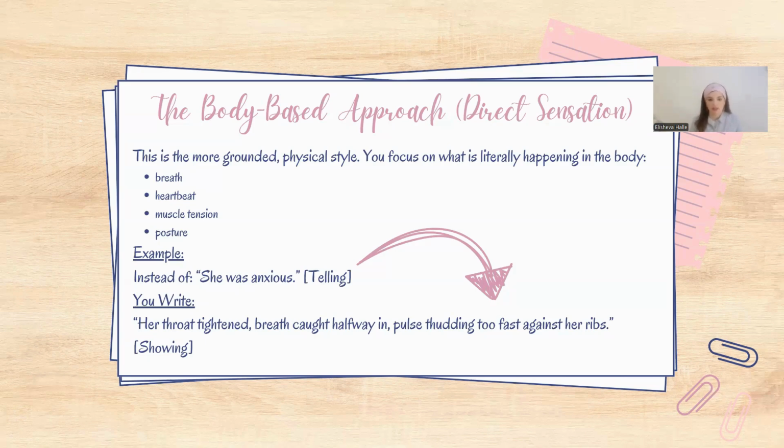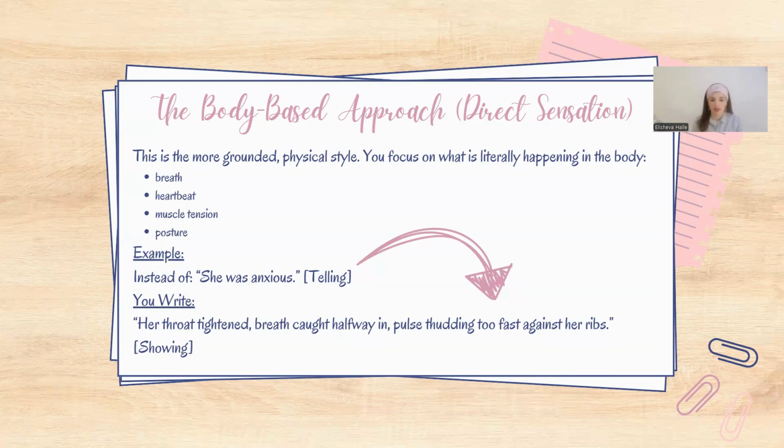Okay, so let's give an example. This is an example of telling an emotion: She was anxious. So how would you use a body-based somatic writing approach to show us that she was anxious instead of telling us? Here's an example: Her throat tightened, breath caught halfway in, pulse thudding too fast against her ribs.